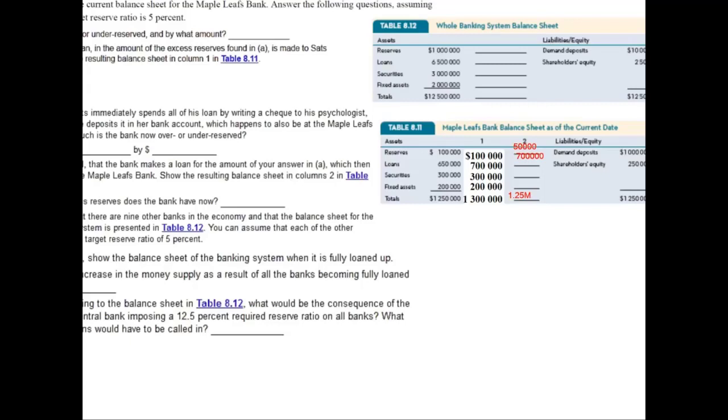So we had that initially the money would have gone in here and it would have increased the demand deposits by 50,000. And then when the person withdrew the money, it's just going to go back to where it was before. So this here is going to be the same as before, $1 million. Okay, that's the same. And so down here, we're going to get 1.25 million. And so again, both sides now are balanced.